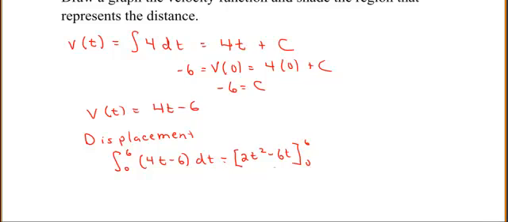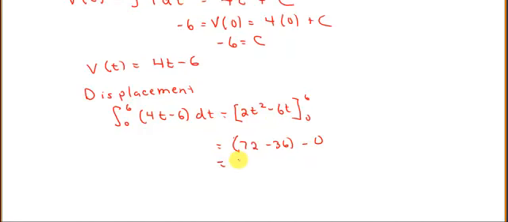And so at time t equal to 6, I'll have 2 times 6 squared, 72, minus 36. All right, and at t equal to 0, I have 0 minus 0, so that's just 0. So this is going to be 36 feet is the displacement.